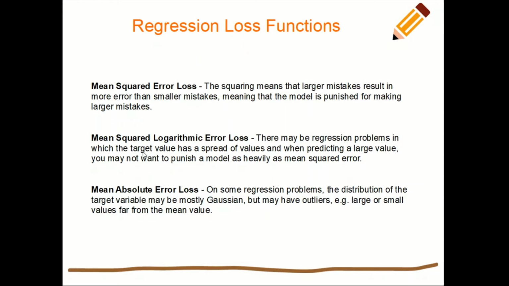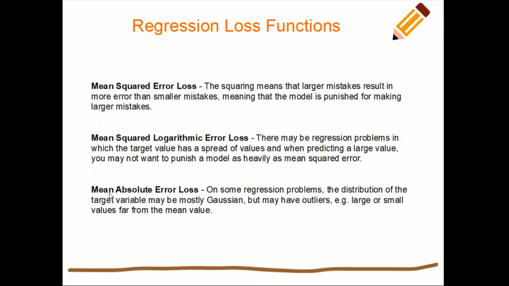if the target value has a spread of values, that means some of the values are really far away from the actual values, then it might be useful to use the mean squared logarithmic loss, right? So it will be higher but not as much as the squared error loss.